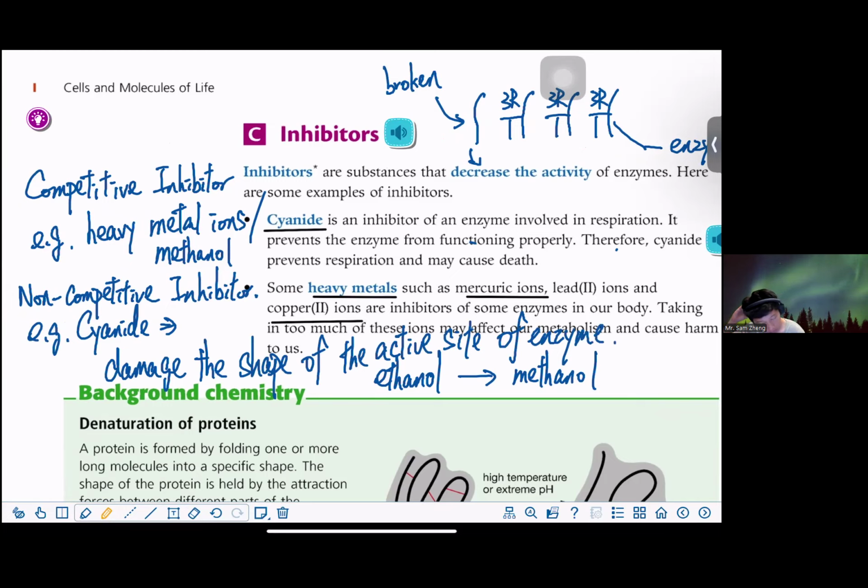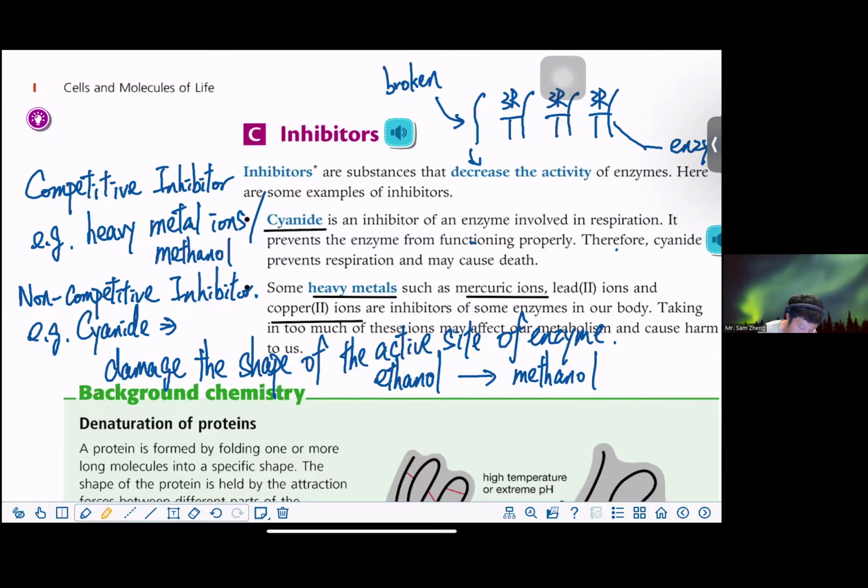Then in this case, the active sites no longer have the specific shape. So they cannot bind with the substrate. So this causes a big problem, and it will cause a decrease in the enzyme activities.